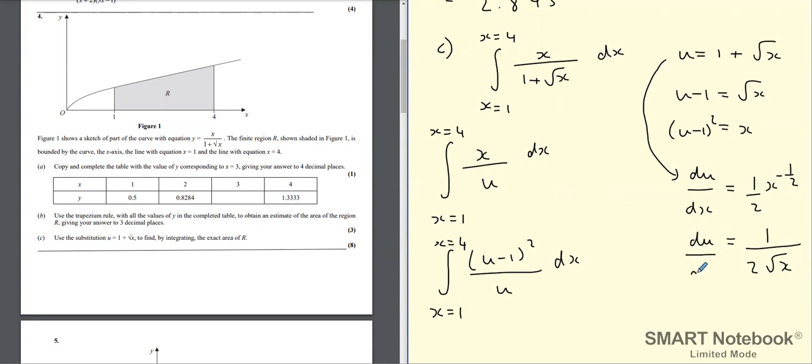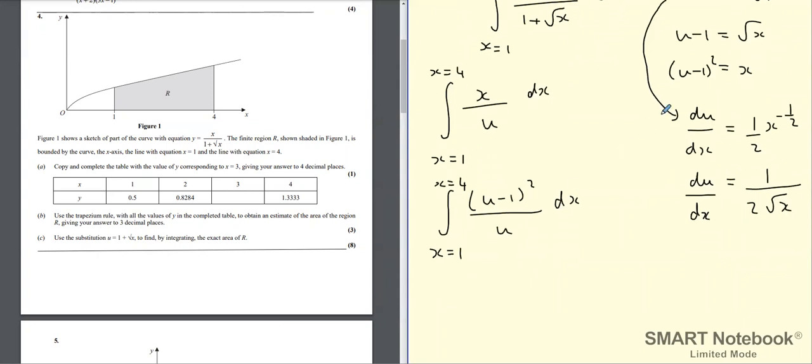Now, I'm trying to make dx the subject because I need to replace that, but at the same time, it is worth noting that root x is u minus 1. So I'm going to say 2 root x du equals dx. I'll multiply this to the numerator, but I'm going to replace x in terms of u minus 1. So I get 2 times by u minus 1 du equals dx.